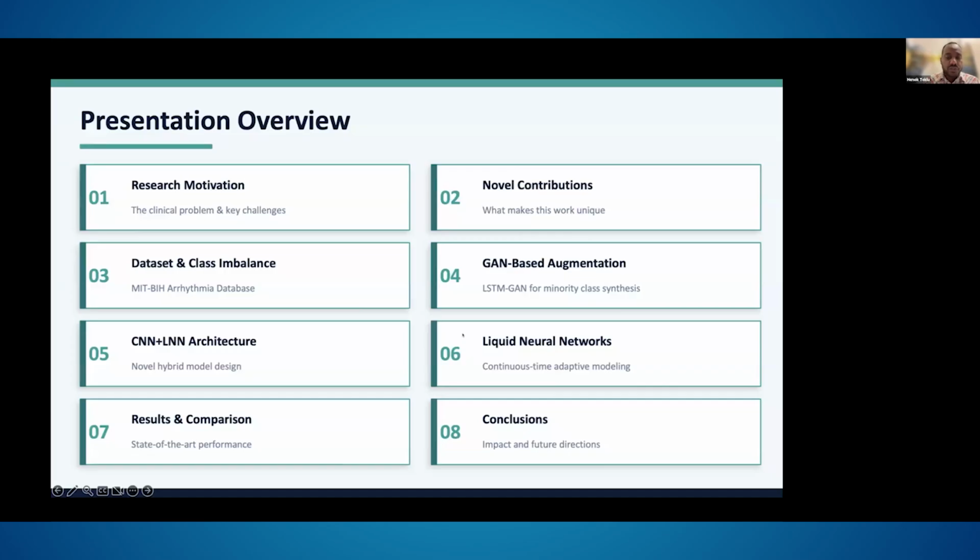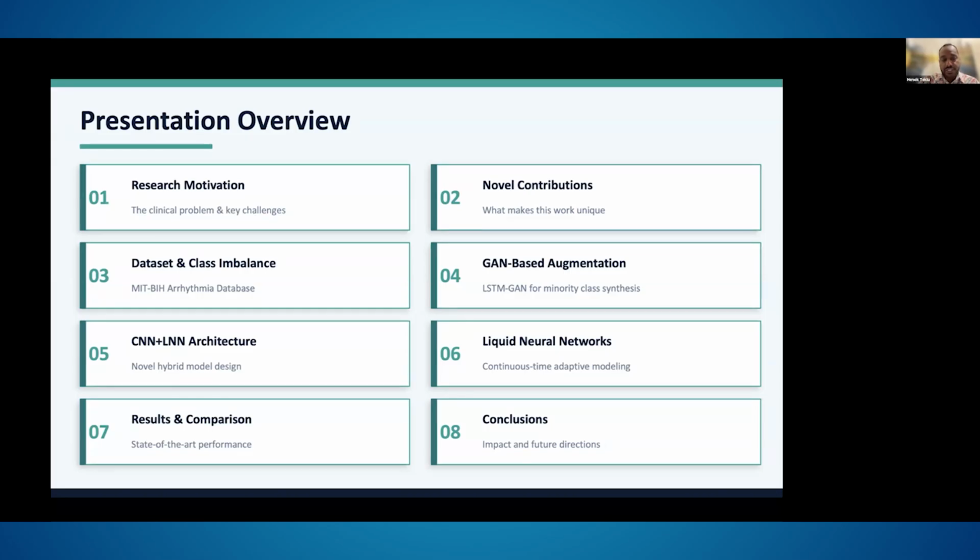The overview of the work includes the research motivation, our novel contribution, the data sets that we use for this kind of problem, and how we dealt with imbalanced data sets using generative adversarial networks and LSTM as well.